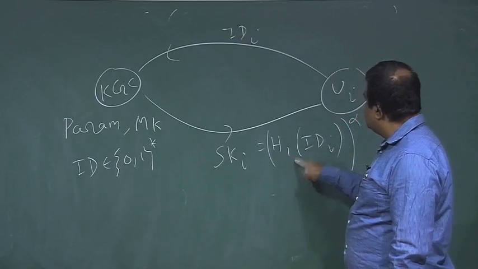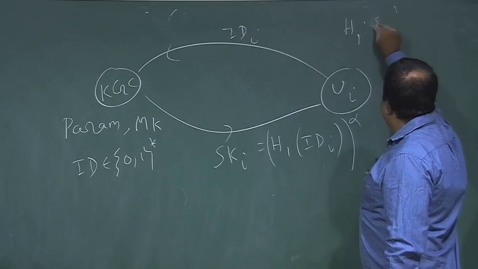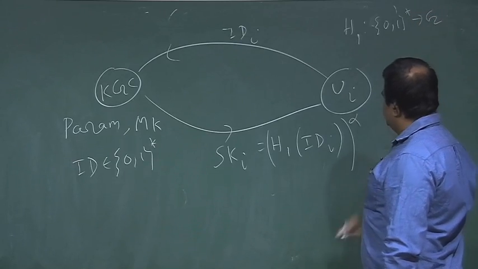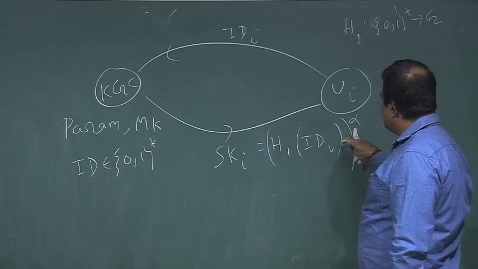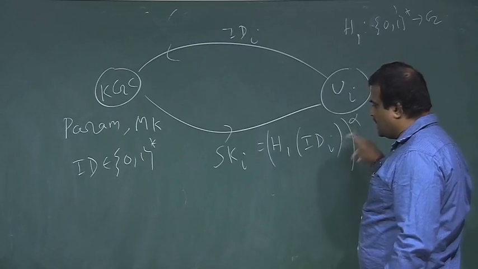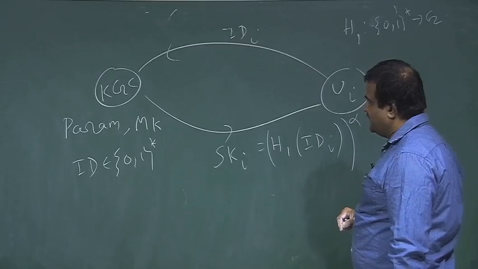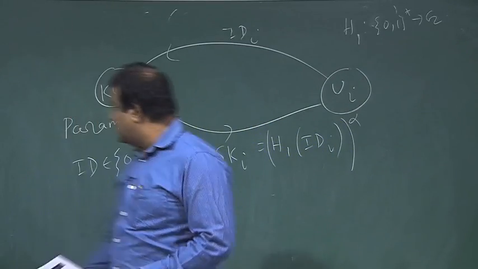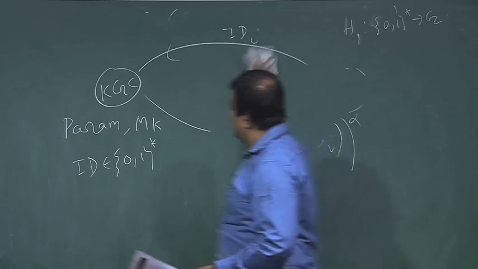H1, if you remember, is a function that takes any arbitrary length input and converts it to some element in G. Now, we can take it to the power alpha. So, this is basically the secret key of this ID. So, this is the key generation. We got the secret key of the users.